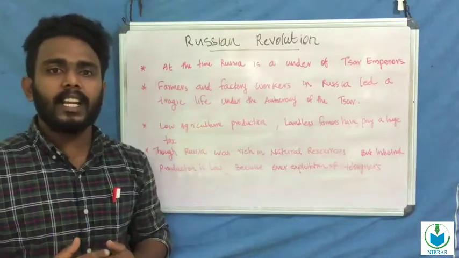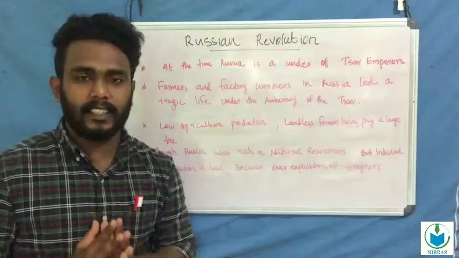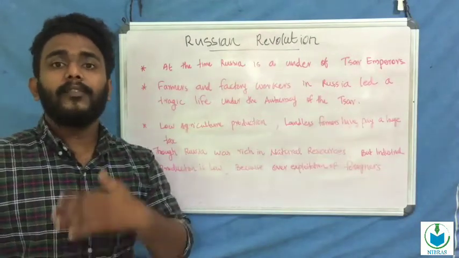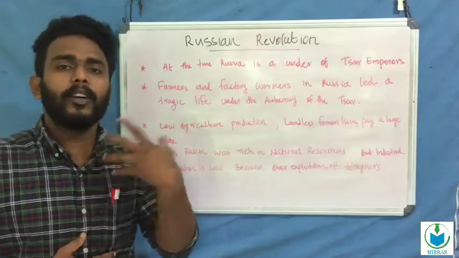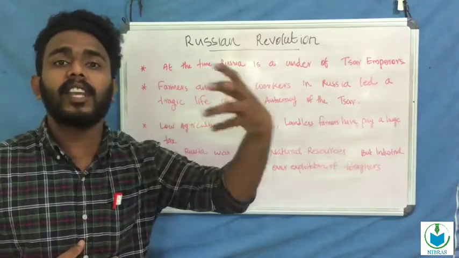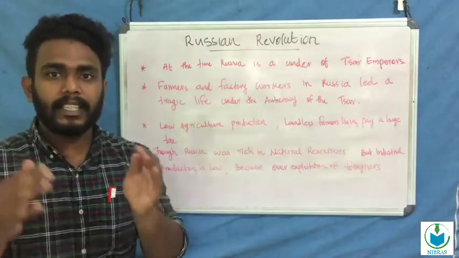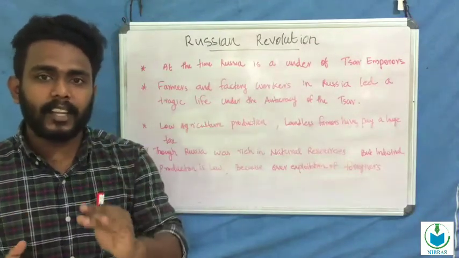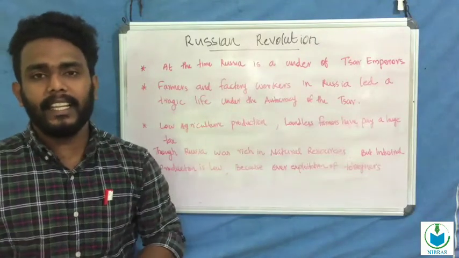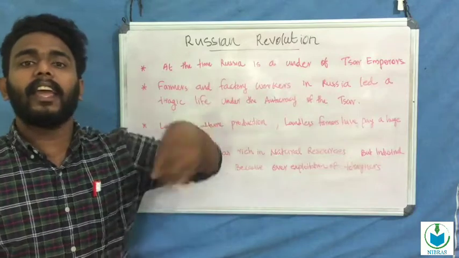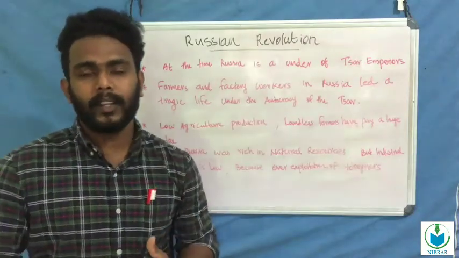But the poor farmers still gave a huge amount of tax to the rulers, even though agricultural production had decreased.